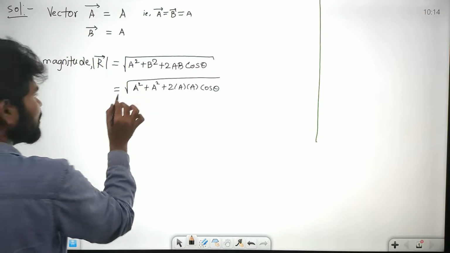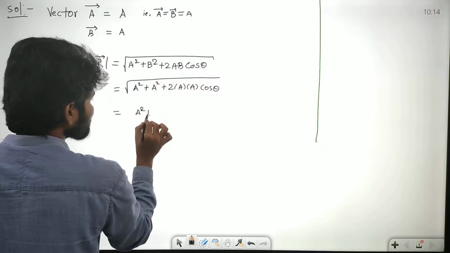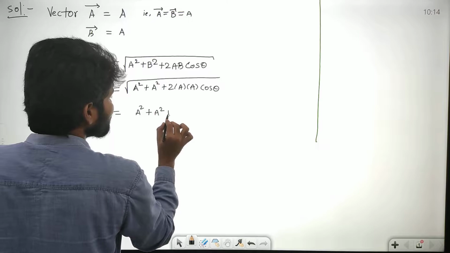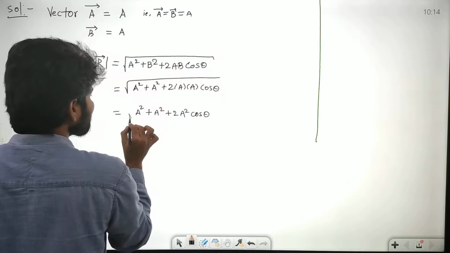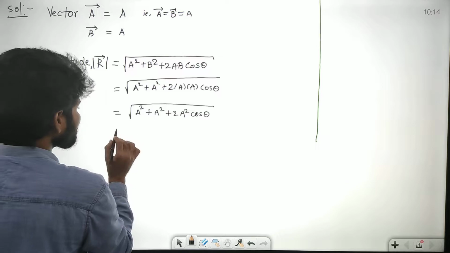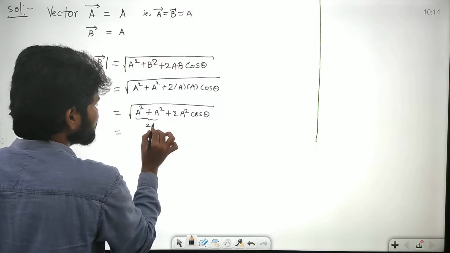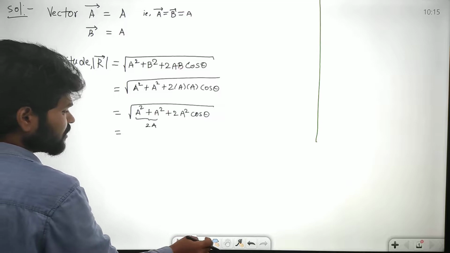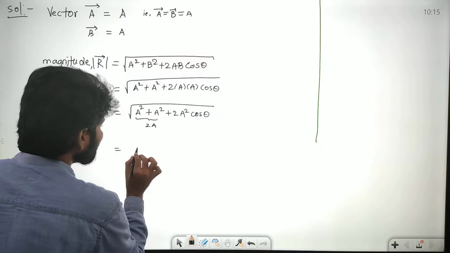Hope you understand, right? Now again a square plus a square plus 2a square cos theta. Now take 2a square common. Why am I taking 2a square common? Because this is 2a square and this is also 2a square.